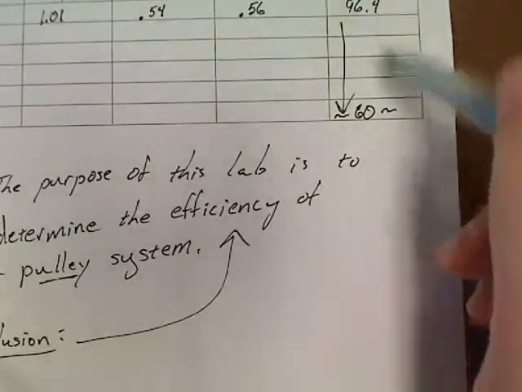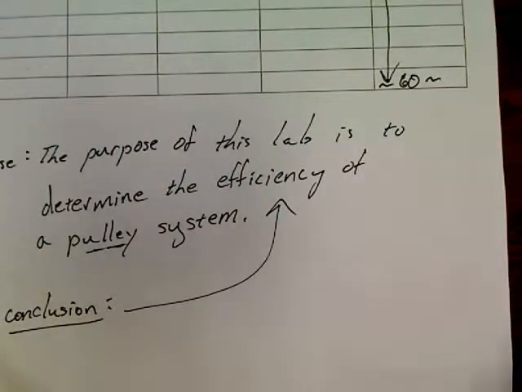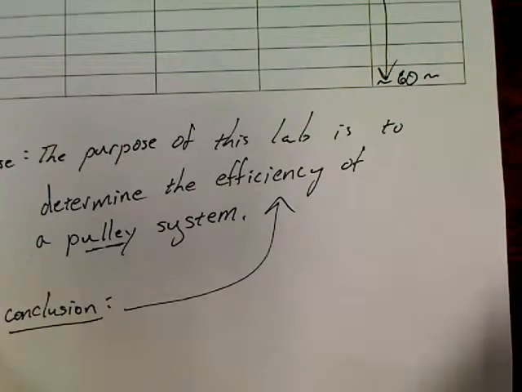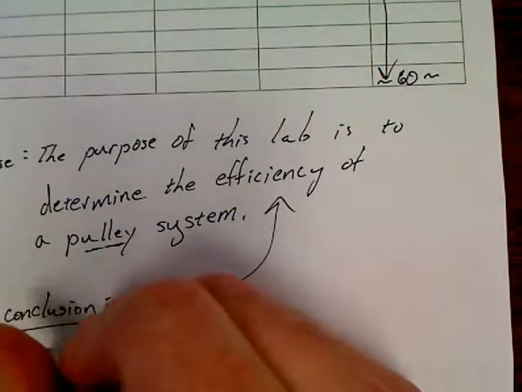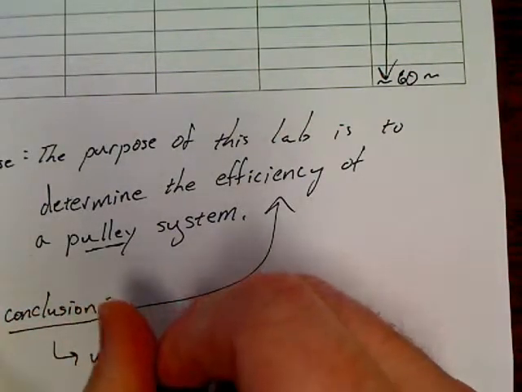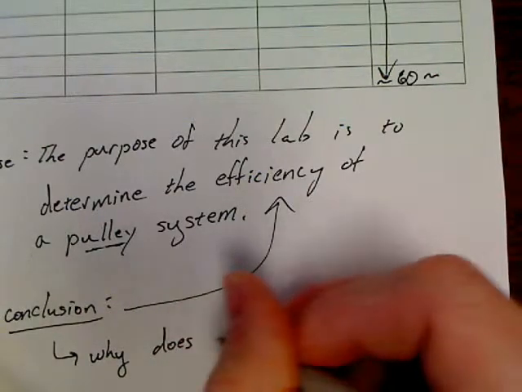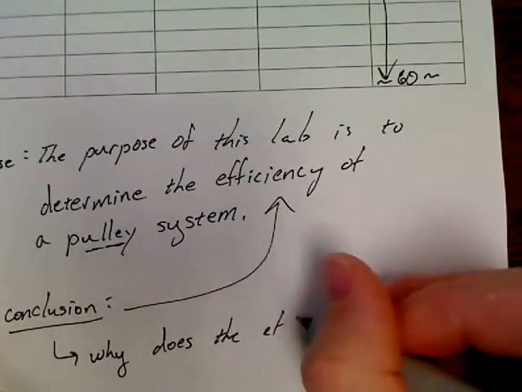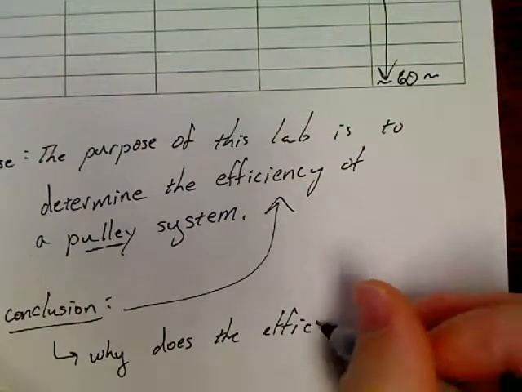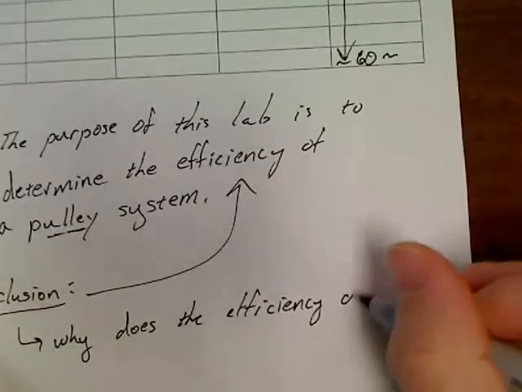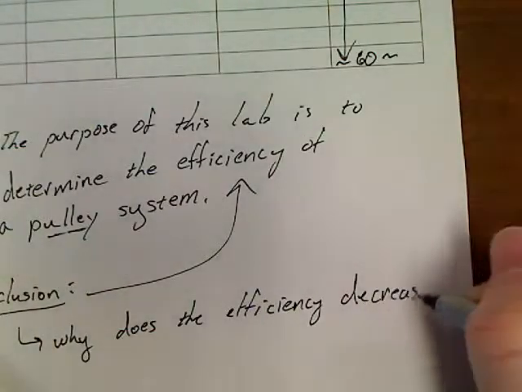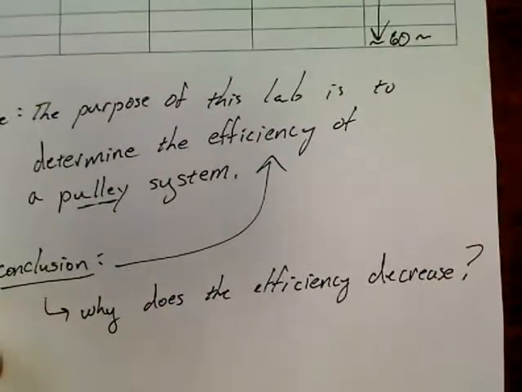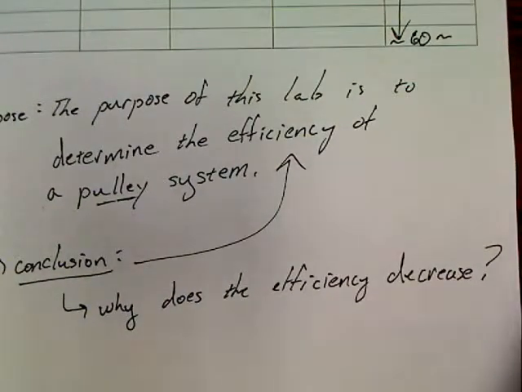I would rather you just list the 6 efficiencies for the conclusion. And also, somewhere in this conclusion, answer this question: why does the efficiency decrease as you add more pulleys? So answer that question in part of your conclusion.